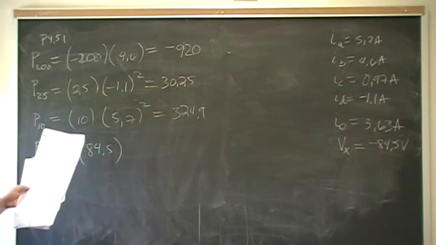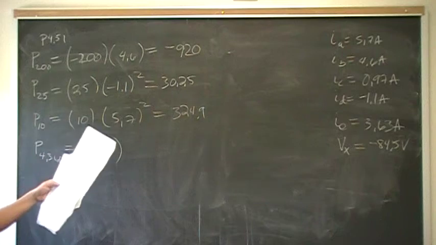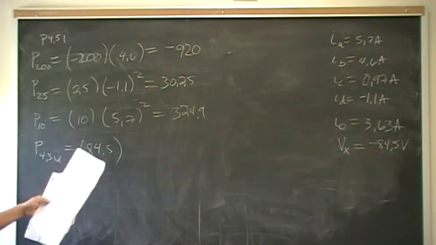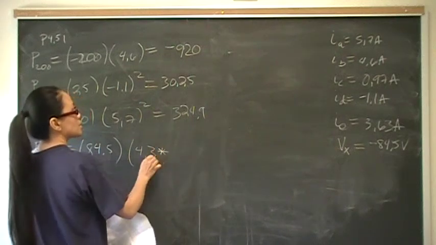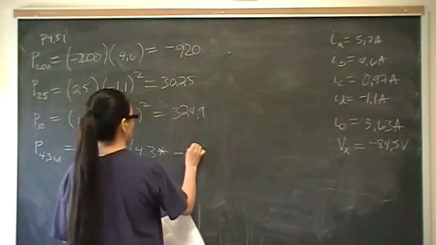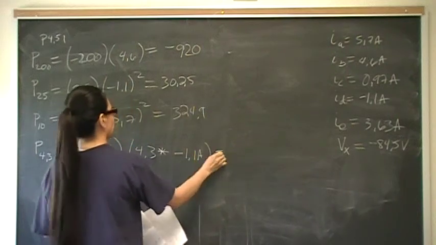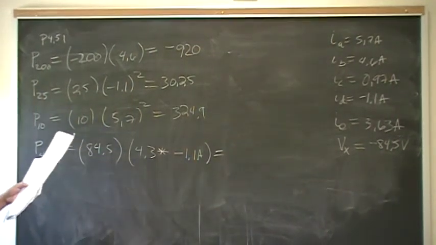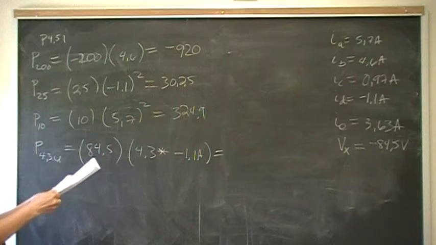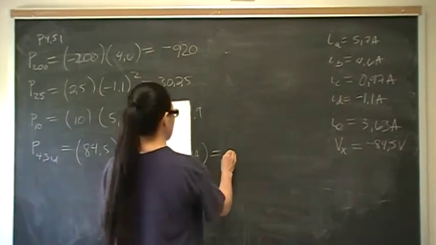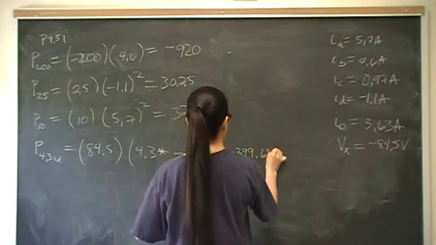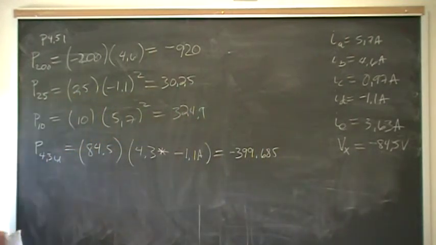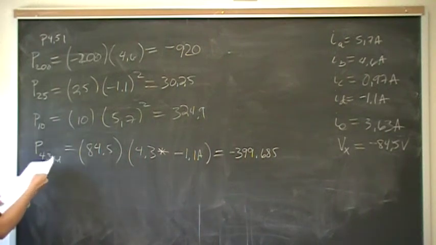The current value, it's a current controlled dependent current source, is going to be 4.3 ID. So that's 4.3 times ID, which is negative 1.1 amps. So that should give you negative 399.685 watts. So that circuit element generates power.